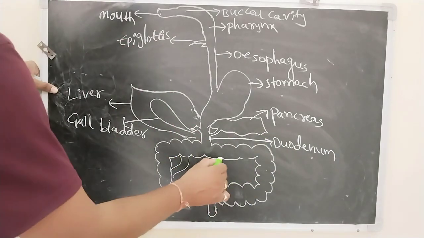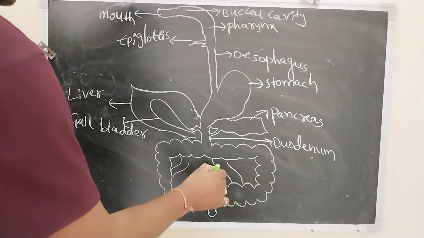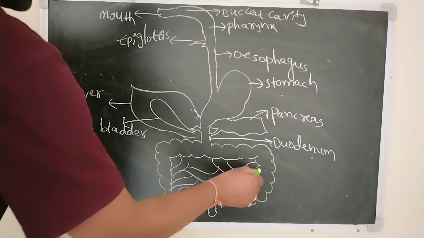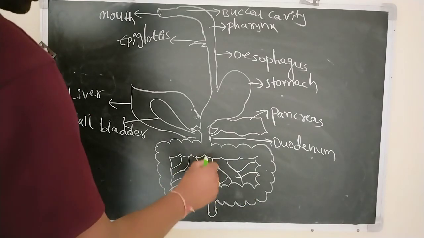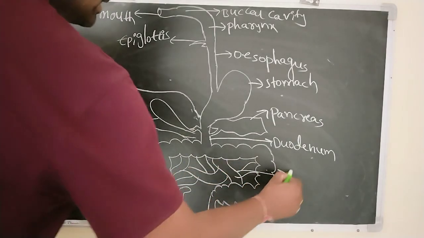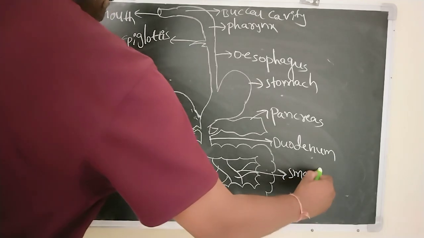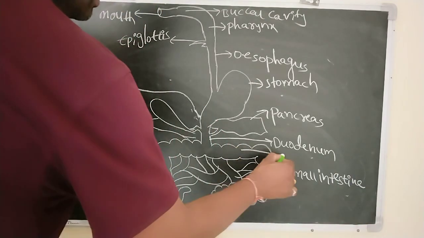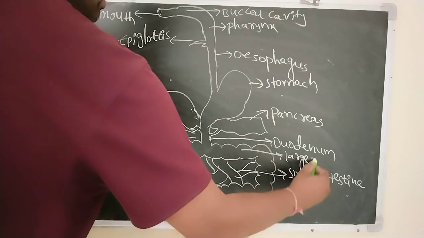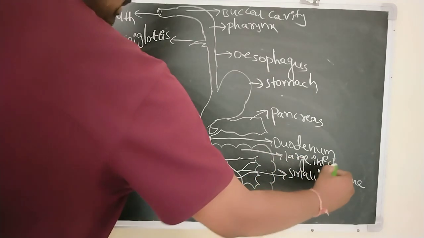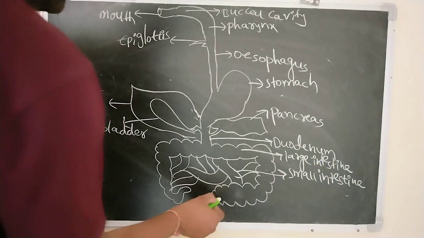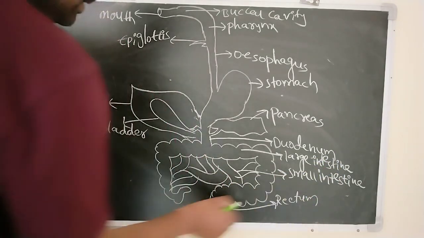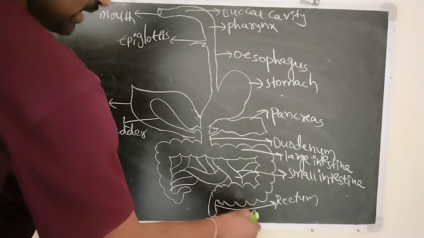And this part is the small intestine. This one is the large intestine, and this is the rectum, and the last part is the anus.